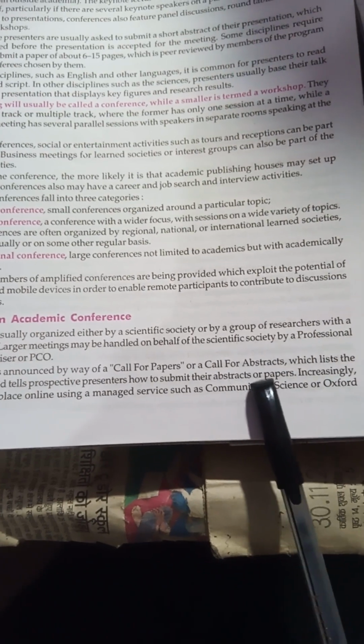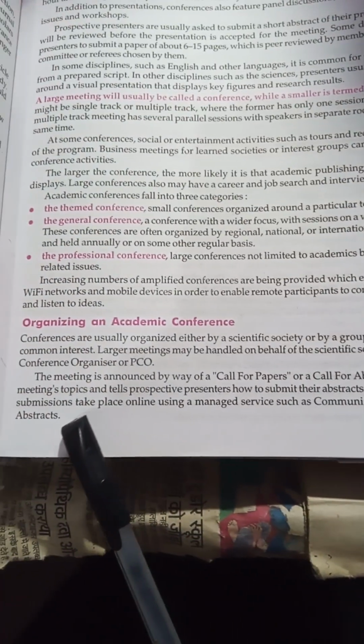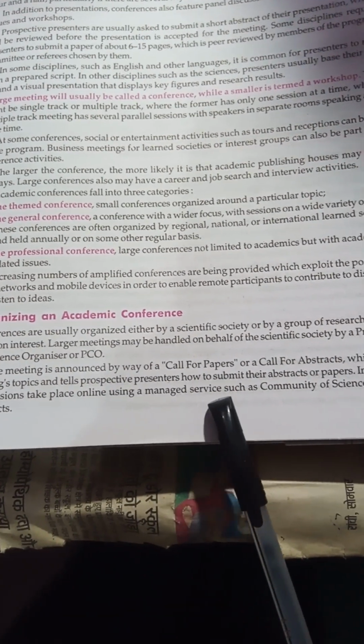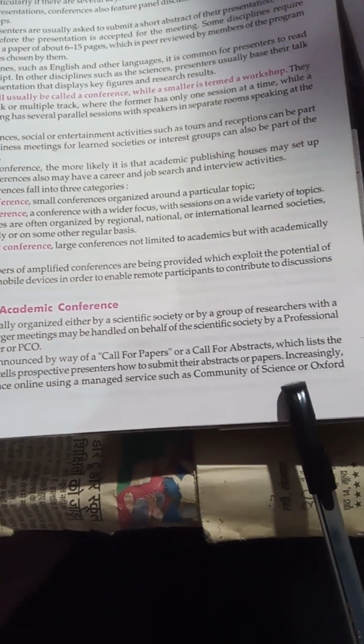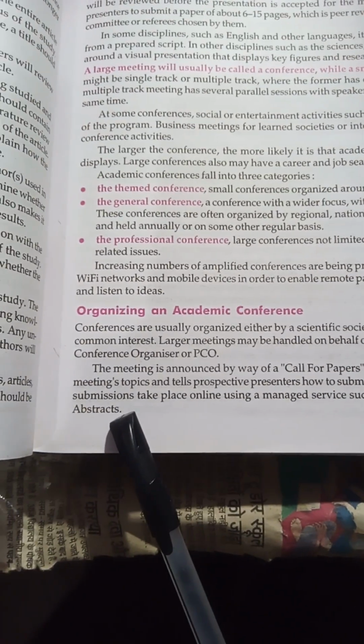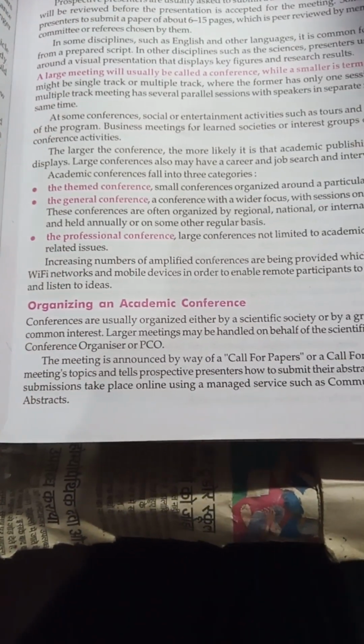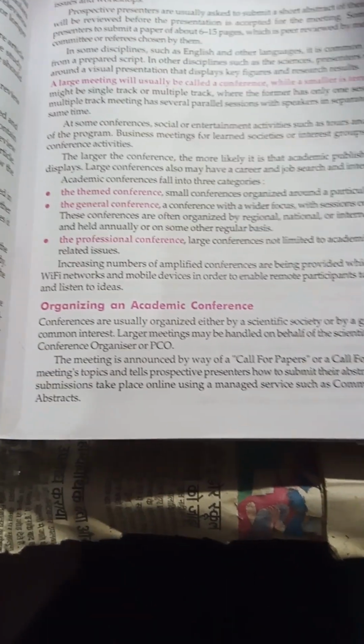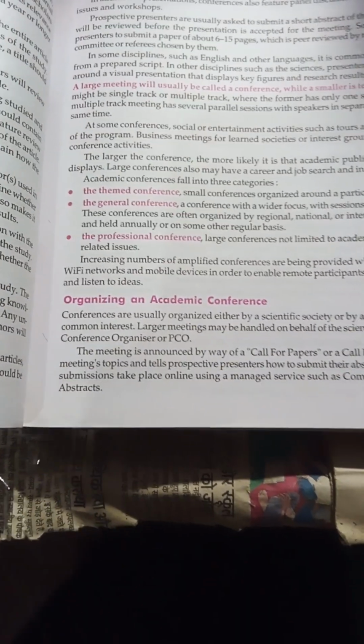Increasingly, submissions take place online using a managed service such as Community of Science or Oxford Abstracts. So when you submit the respective things, it is known as the submissions.